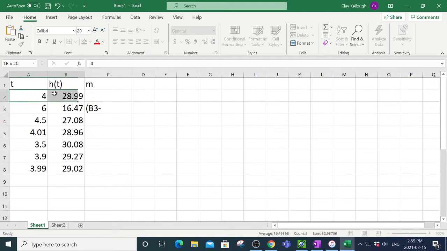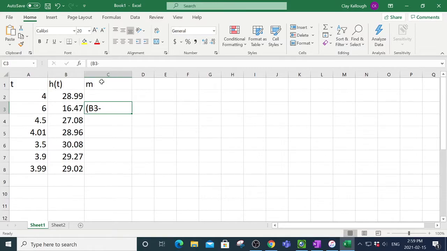B2, this row here, is always going to be the x1 and y1 of my formula. So what I do to make that happen is, instead of just typing in straight old B2, I type in B and then a dollar sign is the code in Excel.